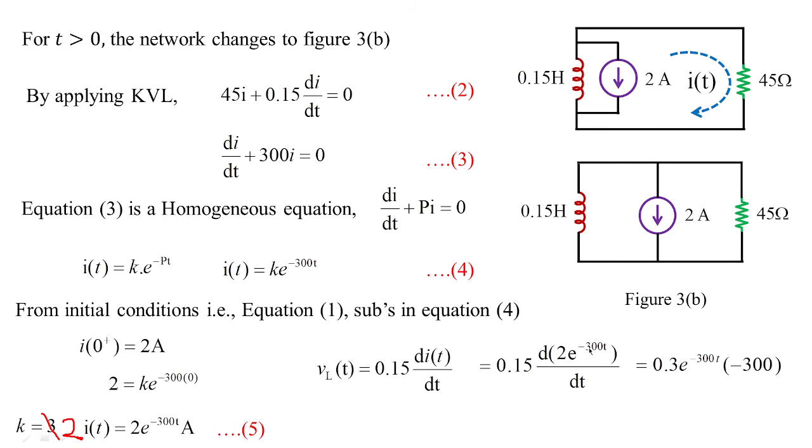Differentiation of e to the power of minus alpha t is e to the power of minus alpha t times minus alpha, so minus alpha is minus 300. So 300 multiplied by 0.3 gives minus 90 e to the power of minus 300t volts. This is how we solve transient analysis problems, especially when dealing with inductors in series or parallel with resistors.